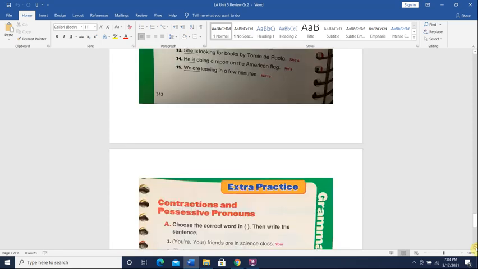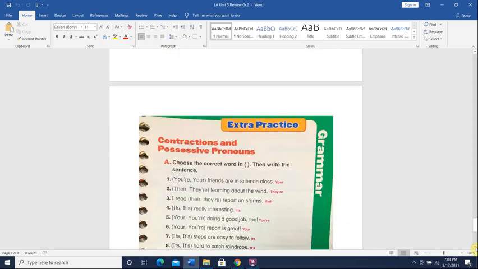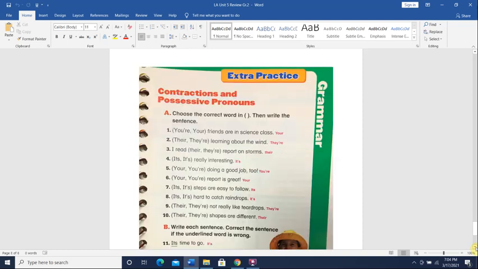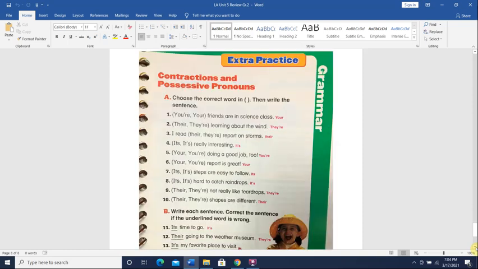On the second page is contractions and possessive pronouns. Okay, so here when you're asked to choose between a contraction and a possessive pronoun, you have to read the sentence first to see which one is the suitable one.